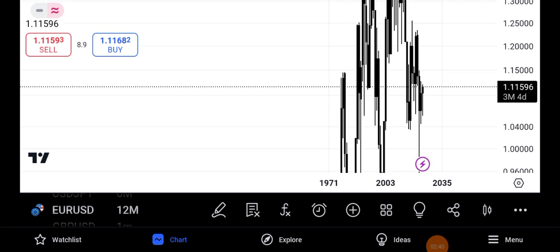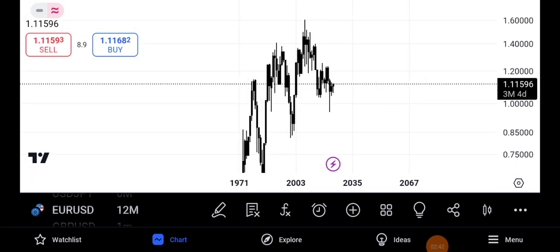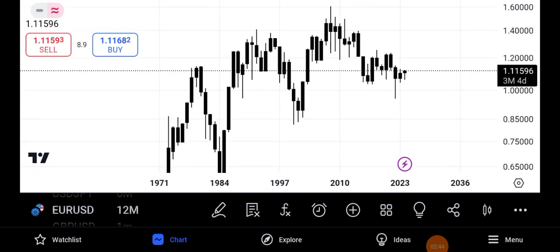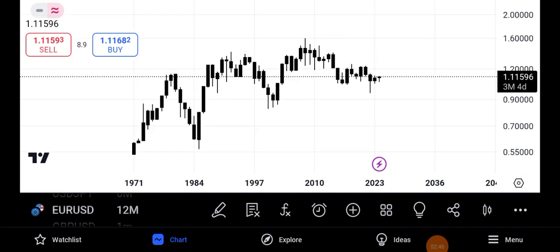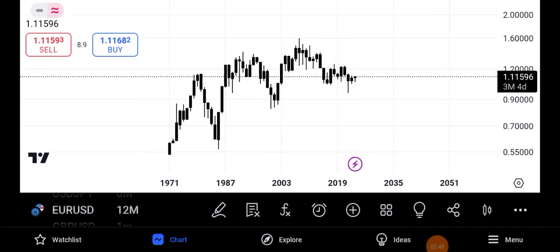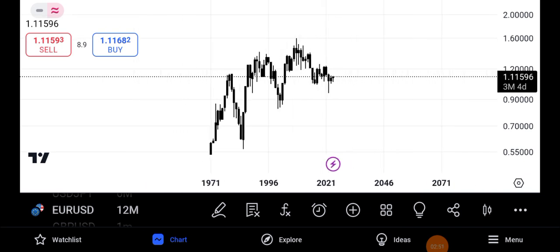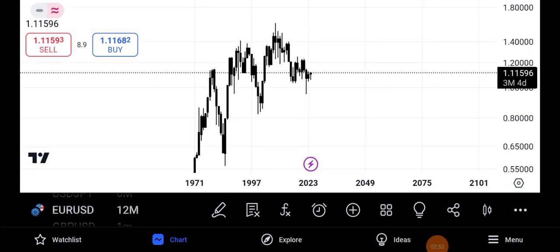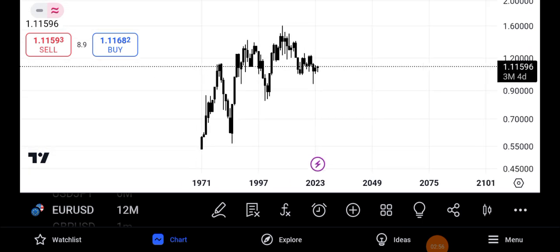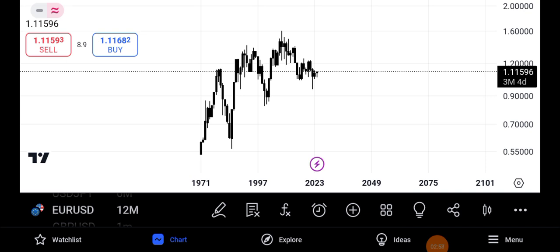One thing that I need you guys to understand about the Forex market is that it's always repeating. It always repeats what it did before, right? Let me try and zoom this out a little bit. And it always has a trend.